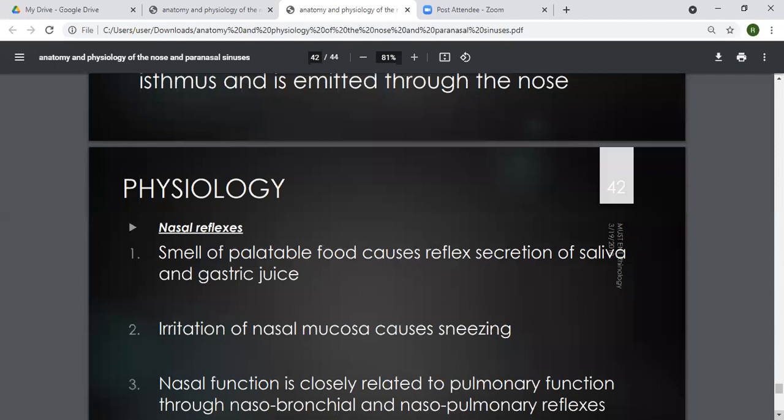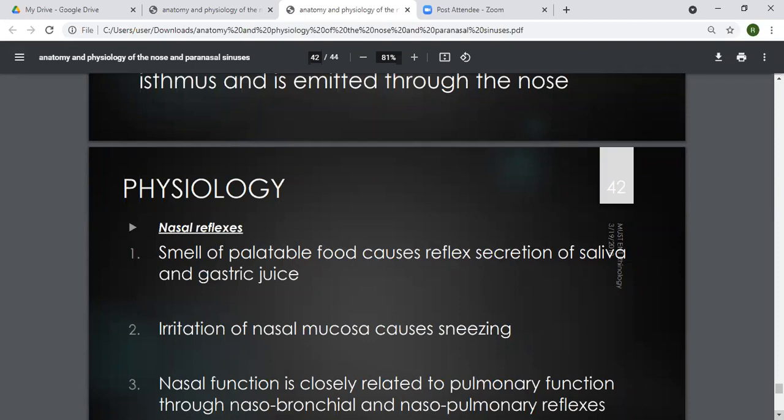The other function is to act as a shock absorber. When you have direct trauma to the face, this shock is not directly translated to the intracranial cavity because of these air spaces within the sinuses. Those are some of the functions of the sinuses.